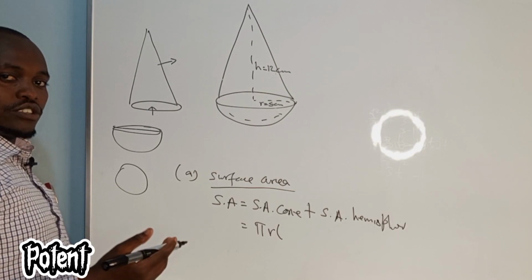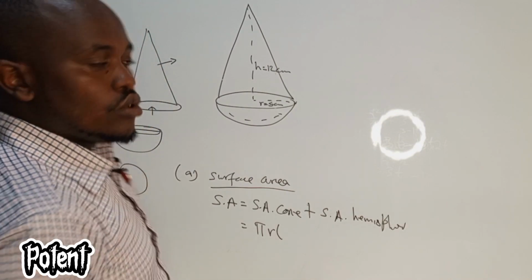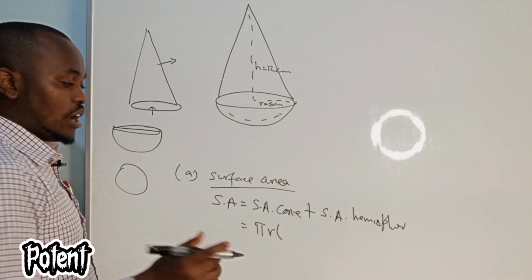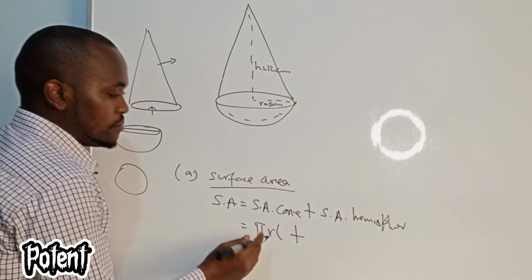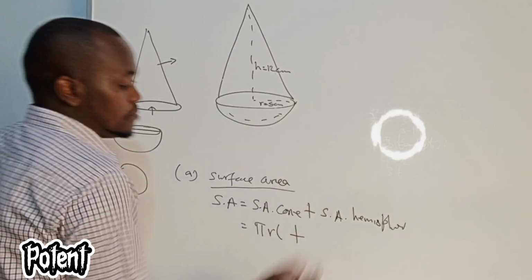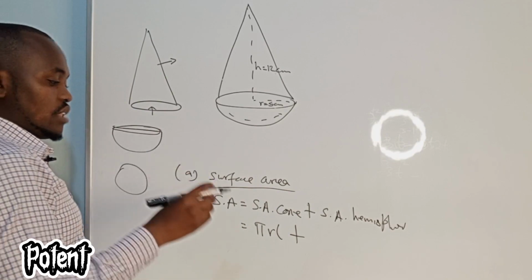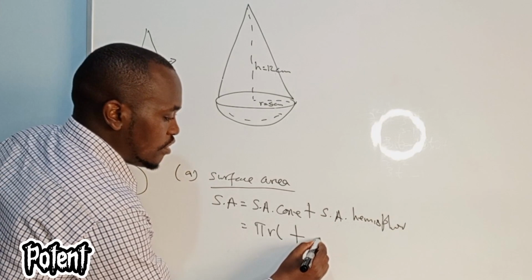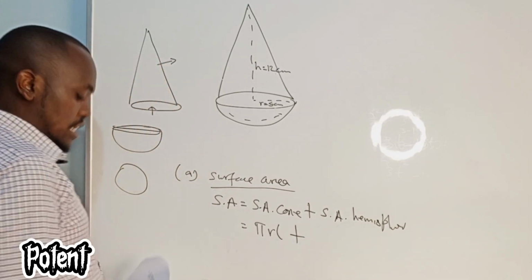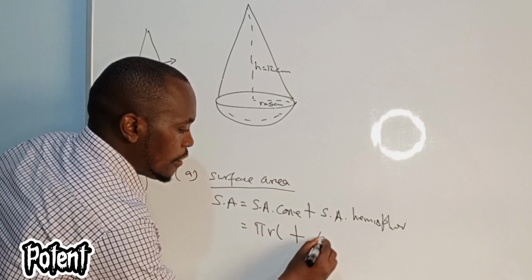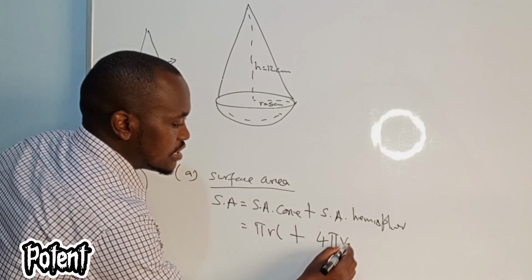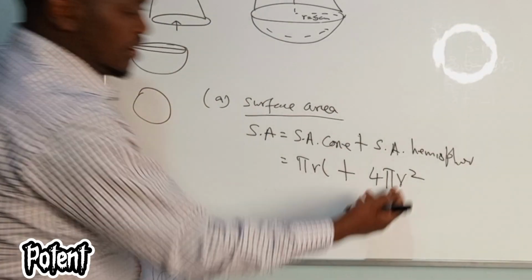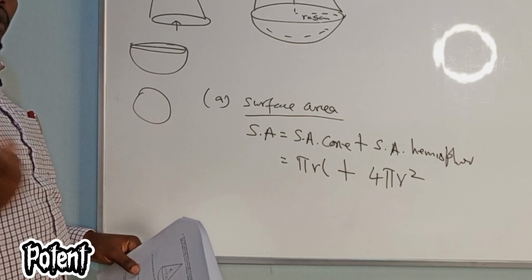You are given that in your mathematical tables, so you do not need to cram. You just find this surface area from your mathematical tables. Then plus the surface area of the hemisphere. Surface area of a sphere is given as 4 pi r squared. So this is the formula you are supposed to use.